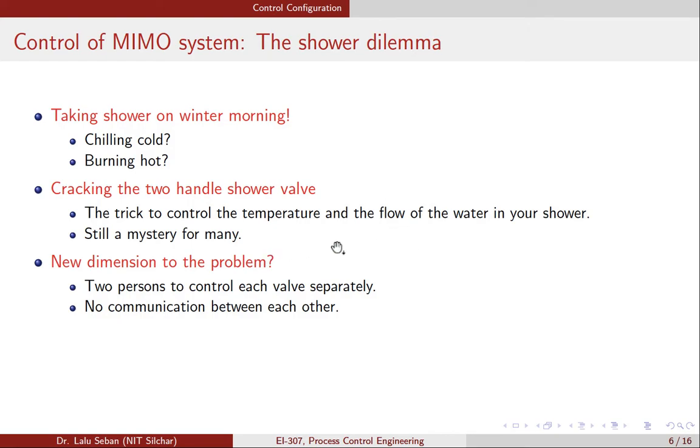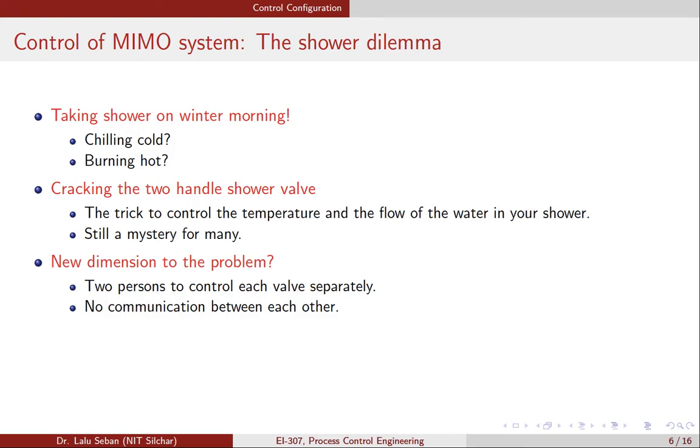Now I just want to increase the dimension of this problem. Suppose two people are taking a shower together, one person is taking care of one valve and another person is taking care of the other valve, and there is no communication between the two people. How difficult will the situation be?